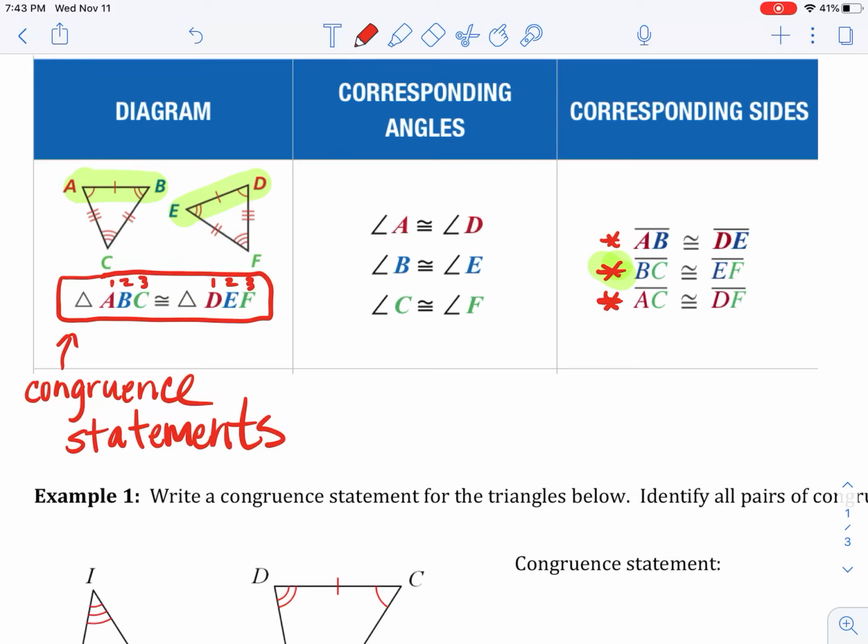And again, if you match it up to the tick marks in the triangle, the first set of sides had single tick marks. The second set of sides had double tick marks. And the third set of sides, they put triple tick marks on because they were trying to mark which side goes with which side. All right, so again, the important thing to know about a congruent statement is the order they're writing the letters in is exactly how you can figure out which side goes with which side and which angle goes with which angle. And those are called, again, that word corresponding. When I say which goes with which, that means those are considered corresponding parts.